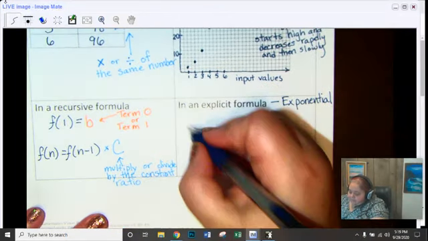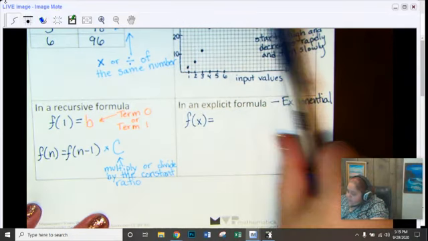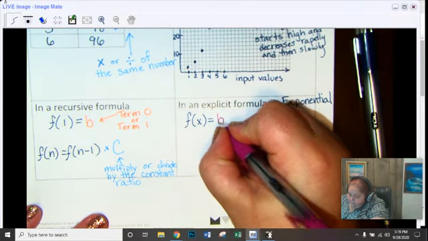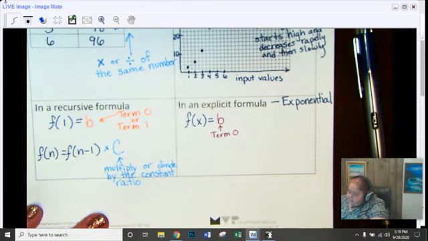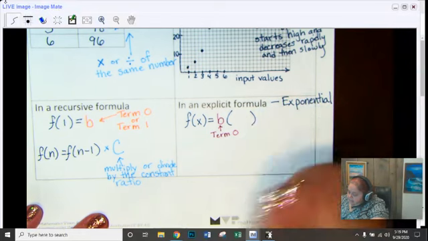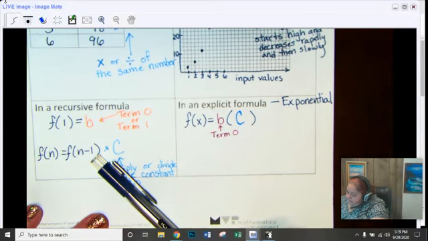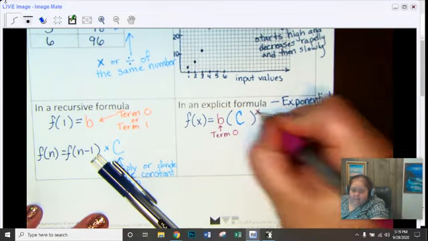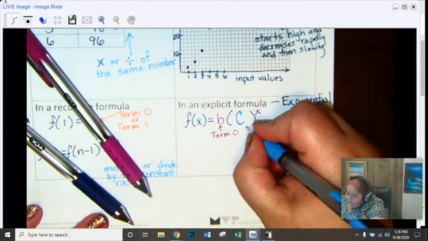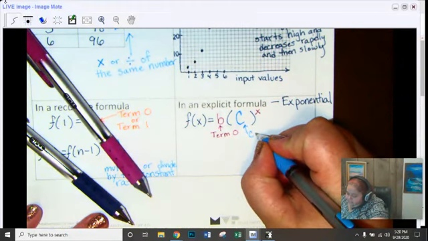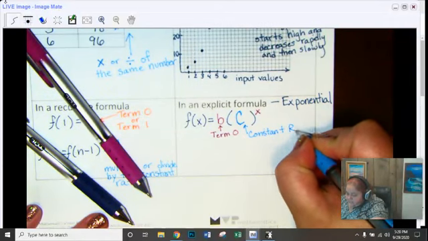Okay, so what this looks like is you could have f of x equals, and if you go with term 0, then you can write your constant here, and the exponent on that is just an x. So you still have your common constant ratio right there.